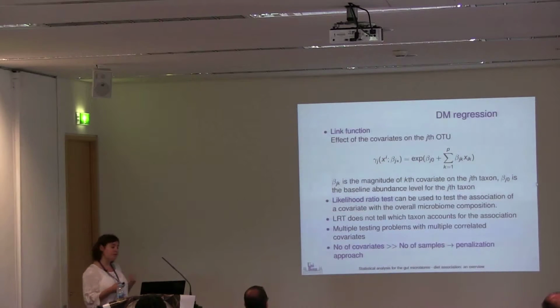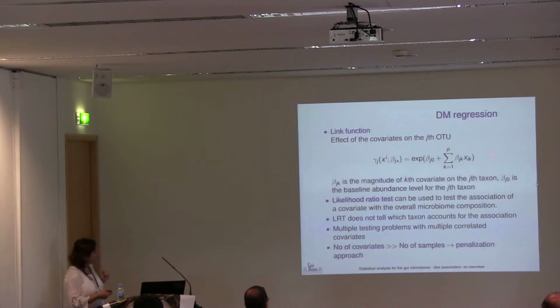And luckily it makes sense also from a biological point of view, because microorganisms develop exponentially in a positive, in a favorable environment. Now, you get to the M regression.